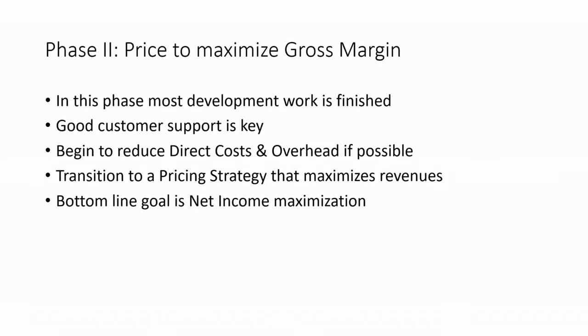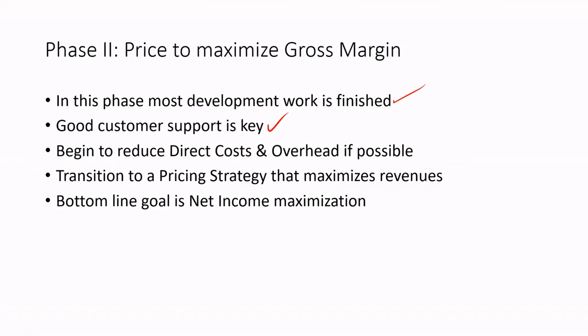And then in the second phase, where revenue growth, user growth stalls out, hopefully most of the development work or all the development work on the software is finished, and the people who were involved in that are gone to do something else. And at this point, we may switch to a strategy where customer support is key to help us generate the maximum amount of profitability from the software.